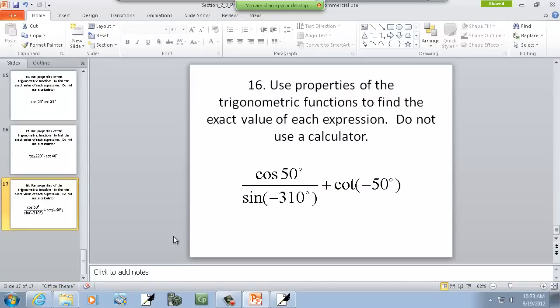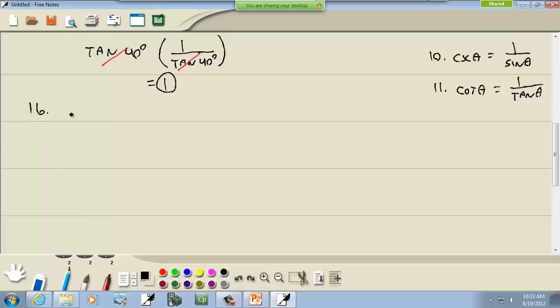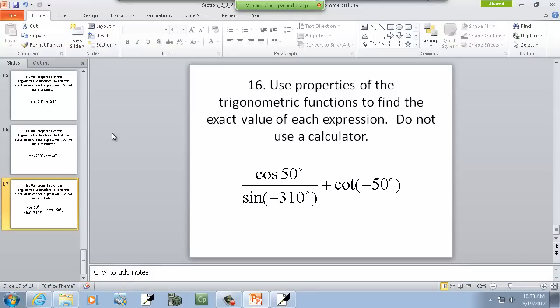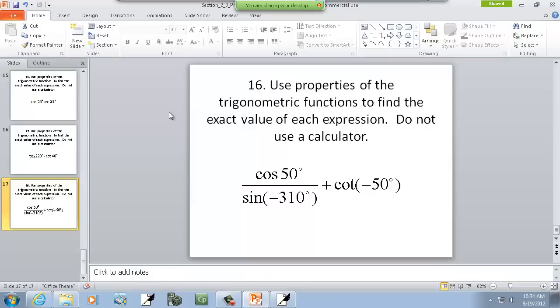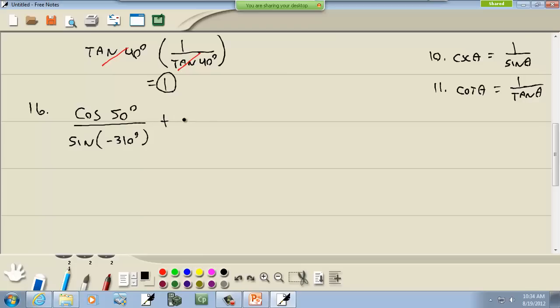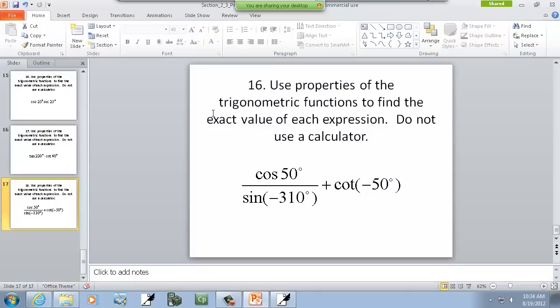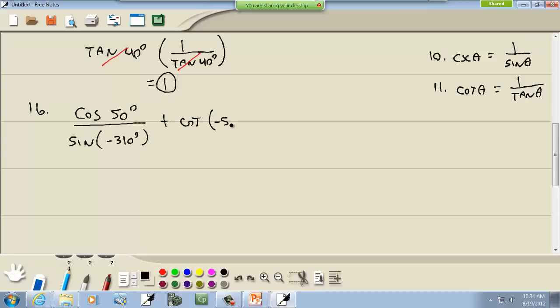Okay, so here we got cosine 50 degrees over sine of negative 310 degrees plus cotangent of negative 50 degrees. Well, I'd like these to be 50 degrees.